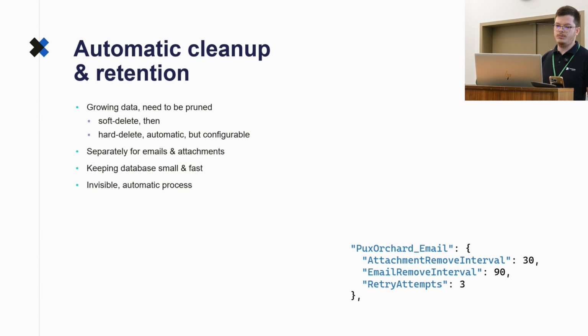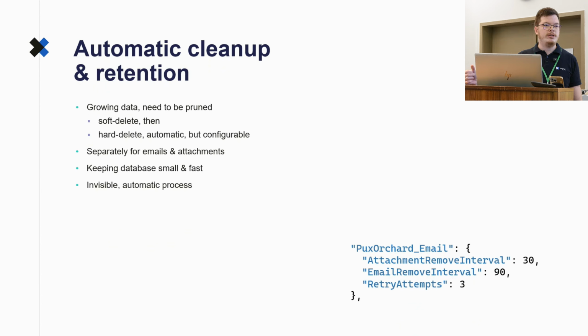And as with any queue, data tends to grow. That's why we have developed a configurable email retention policy. We have 2 steps. First is a soft delete. When the email is deleted, it's visible in the system and can still be recovered. And then we have hard delete, where it is permanently removed after a configured retention period.